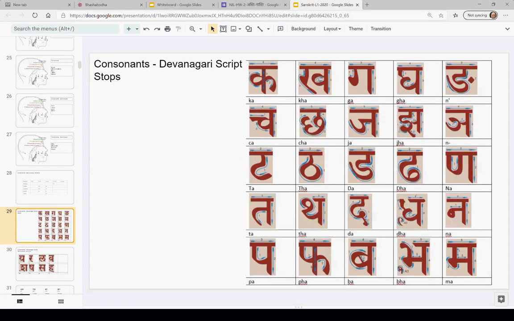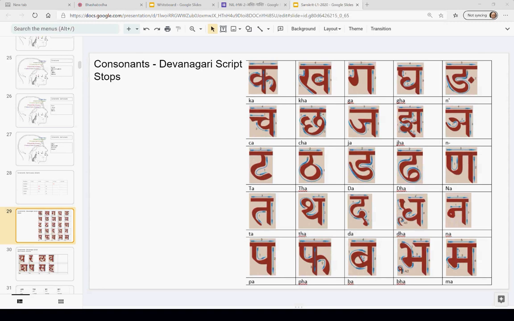In the series of these consonants or vyanjanams, we have ka, kha, ga, gha, nga, cha, chha, ja, jha, nya, ta, tha, da, dha, na, ta, tha, da, dha, na, pa, pha, ba, bha, ma. These are the first 25 vyanjanam, or in bahuvachanam it is vyanjanani.